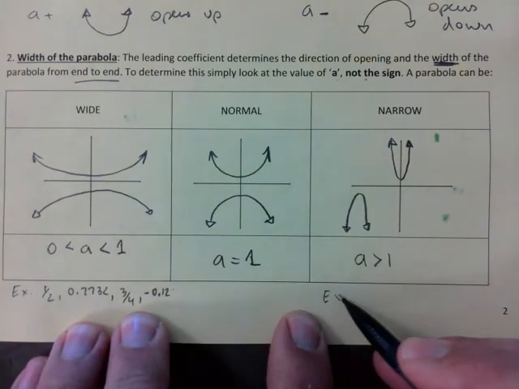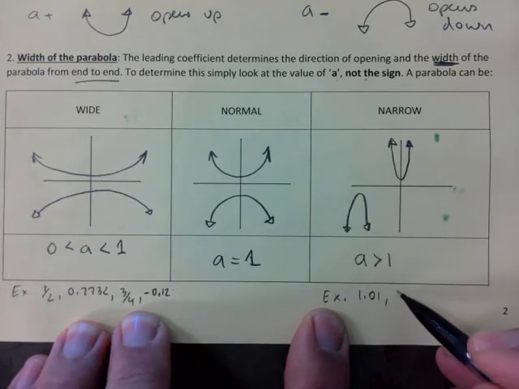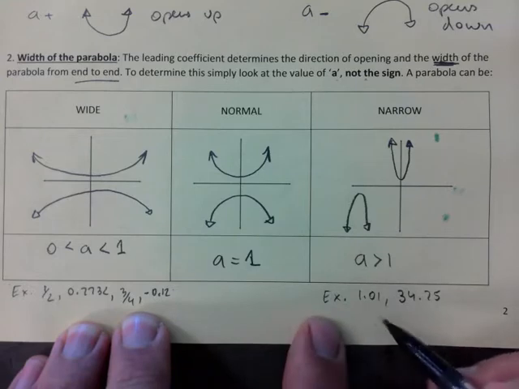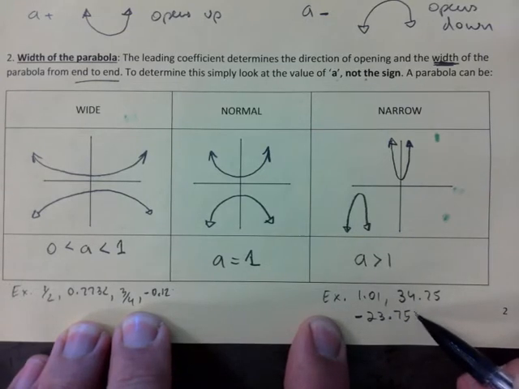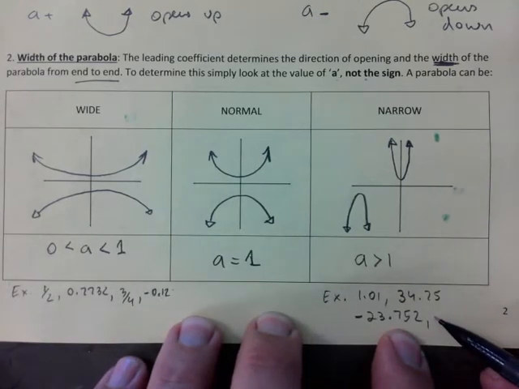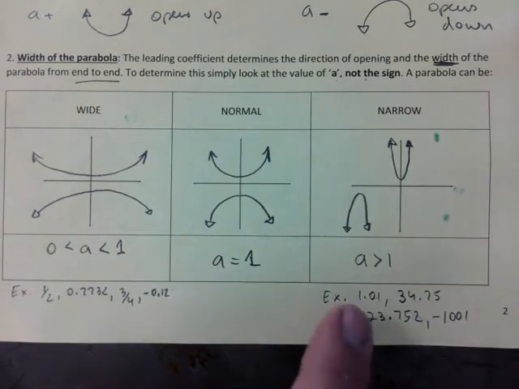So example: 1.01, right? 34.75, negative 23.752, negative 1001. So as I'm saying, I focus on the value itself, not the sign. Just look at it. Almost forget about the sign.